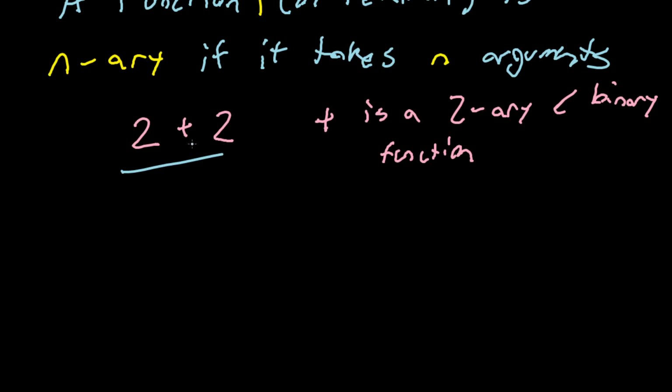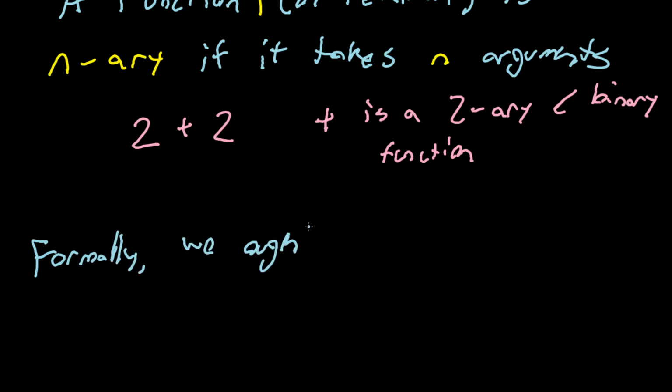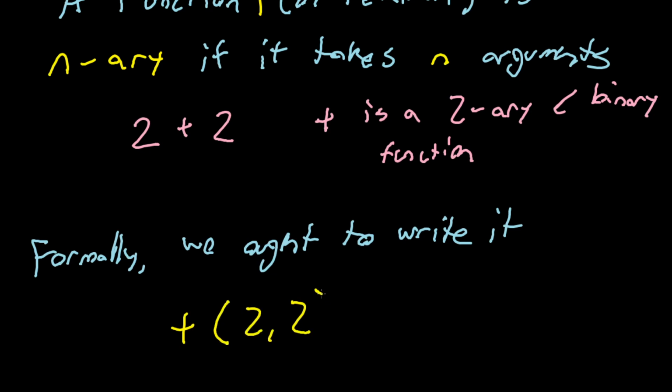I'll always write 2 plus 2 like 2 plus 2, but really formally, we ought to write it as the following. Formally, we ought to be writing all functions like the functions they are, right? You've seen f of x, you've seen f of x comma y, so x plus y is really plus of x comma y. So hopefully, the reason is that if you only think about things in terms of strings like 2 plus 2, you'll only be considering 2-ary functions.